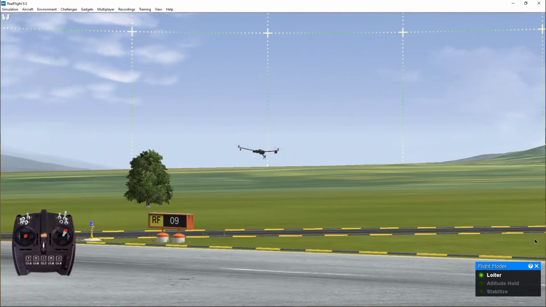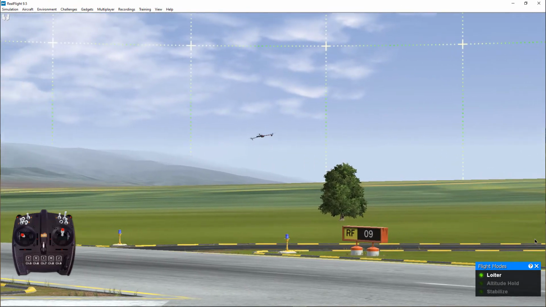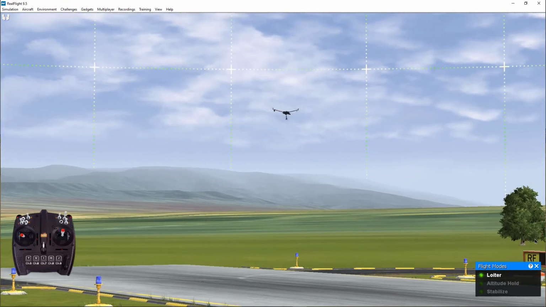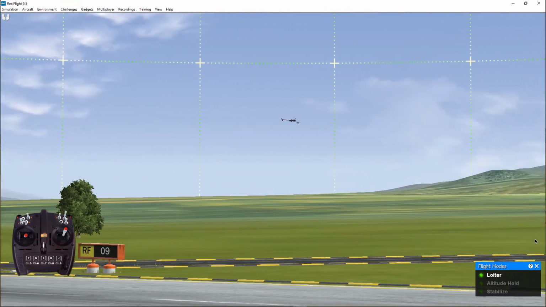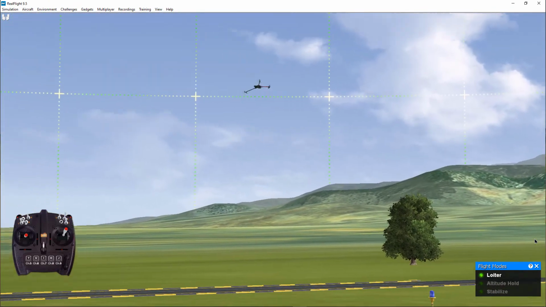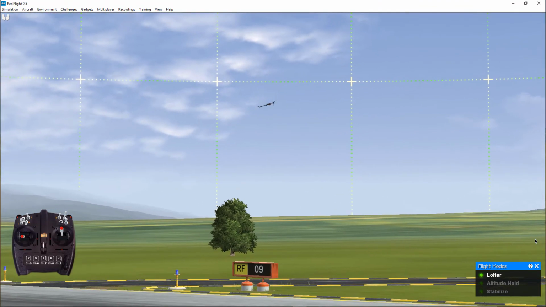So the goal here is just to make some beautiful figure eights and just learn to fly this aircraft. It's very different than fixed wing. There's no doubt about it. It is really different. But this is the first transitory tool to help you get to quadcopters. Right? Quadcopters are right-hand dominant.